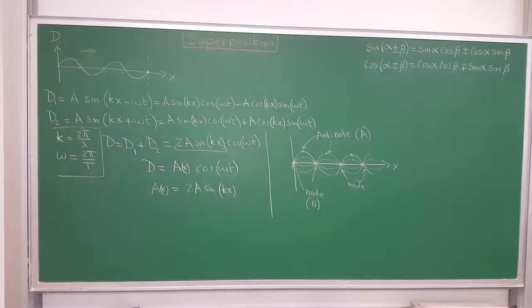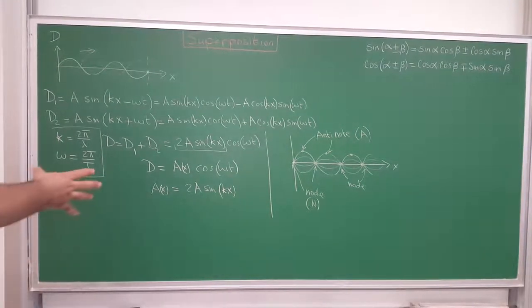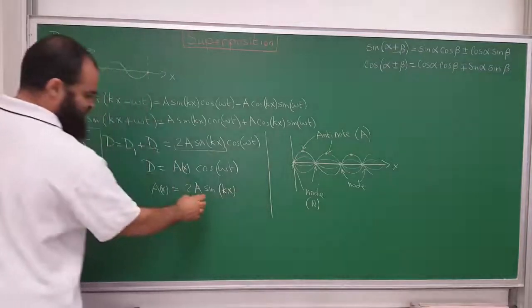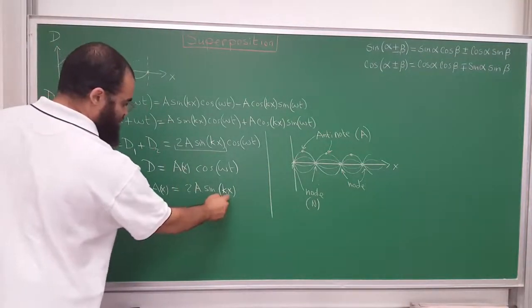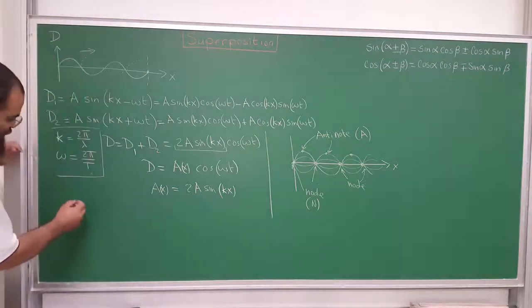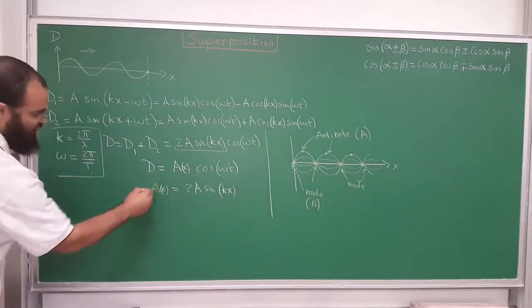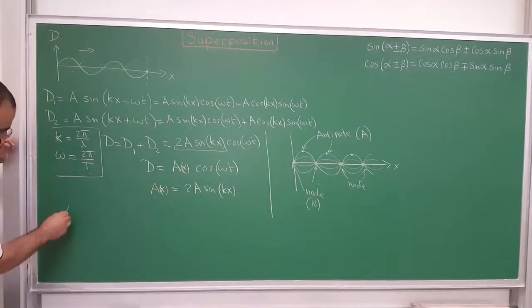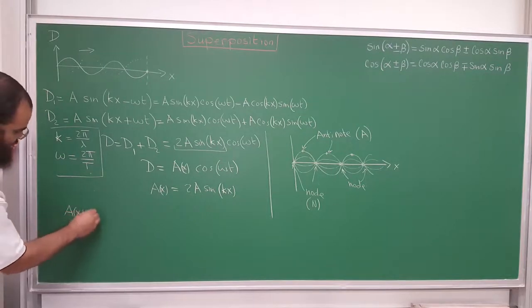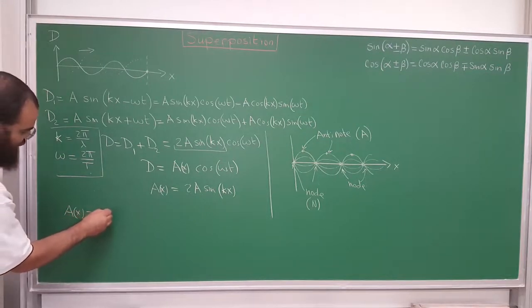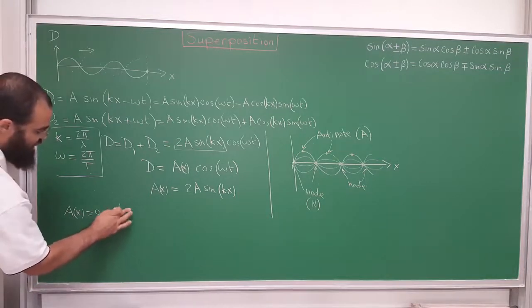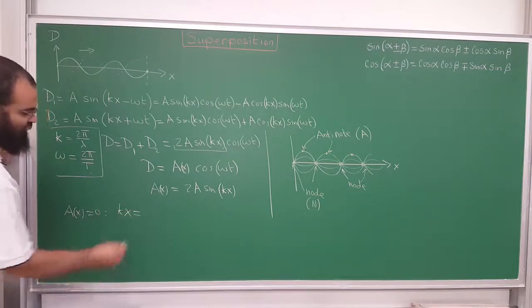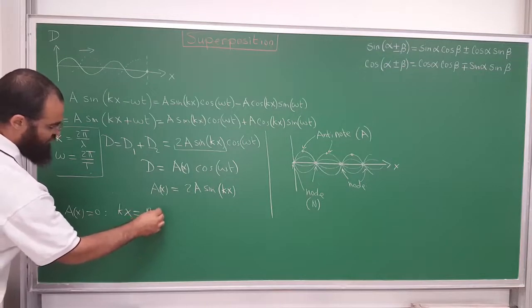So I mentioned, when is this 0? Well, it's 0 when this is not 0, the 2 is not 0, and the amplitude is not 0, so it's whenever this is 0. So this a of x is equal to 0. When is it 0? When kx is a multiple of pi, is equal to n times pi.